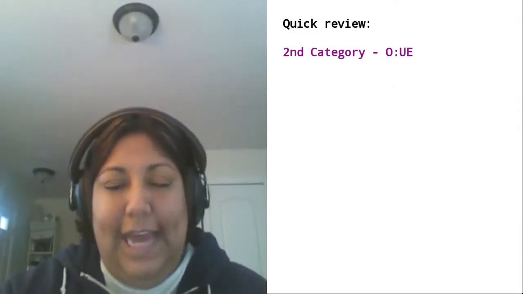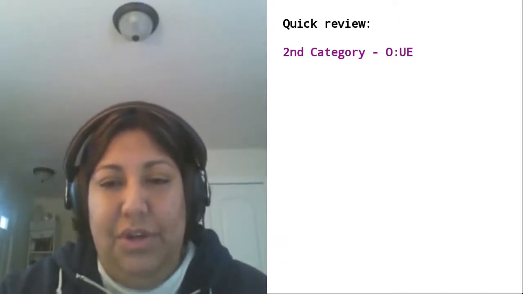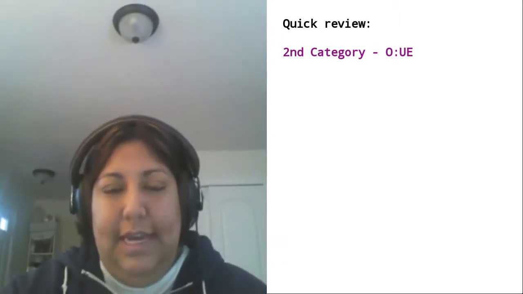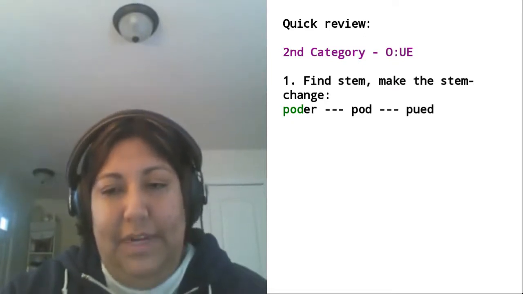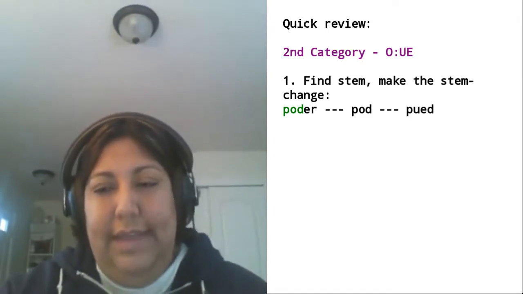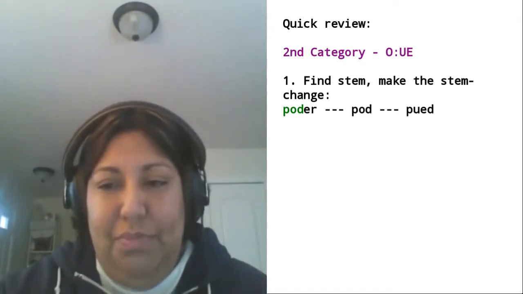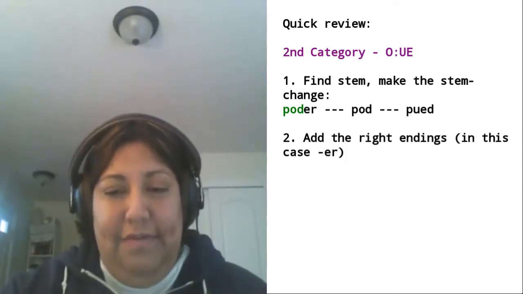Your second category was verbs that stem change from O to UE. Again, you're going to find the stem of the verb. For example, poder, the stem is pod, and then you're going to make the stem change, pued. Add the right endings.